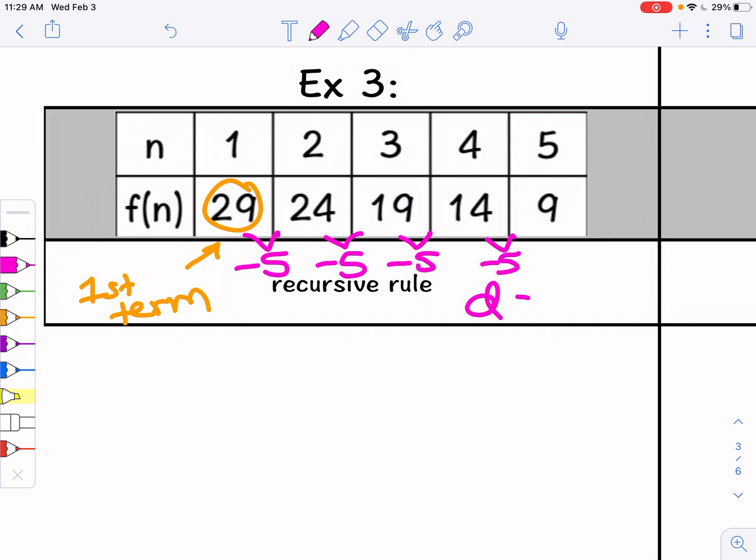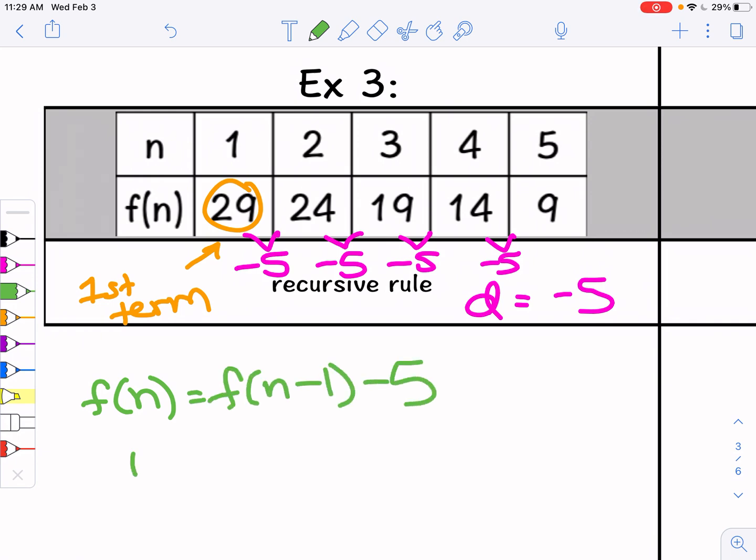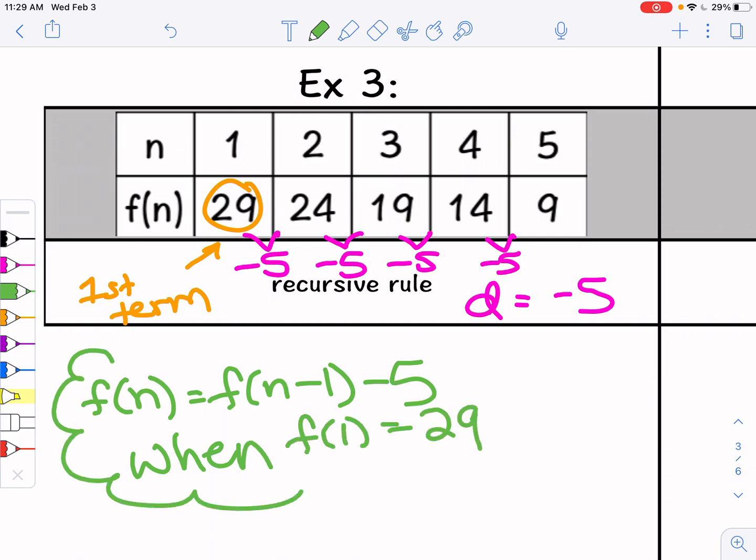Therefore, our common difference is -5. So when we write our recursive rule, any term equals the previous term minus 5, when we have to know where we start, the first term is 29. And that's our recursive rule.